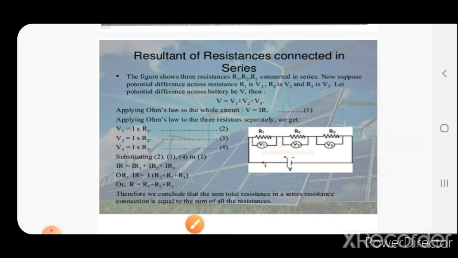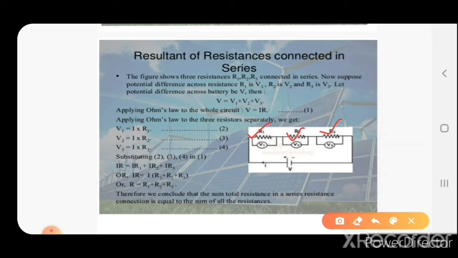Now the derivation for the resultant of resistances connected in series. This figure shows three resistances, R1, R2 and R3, which are connected in series, end to end consecutively.